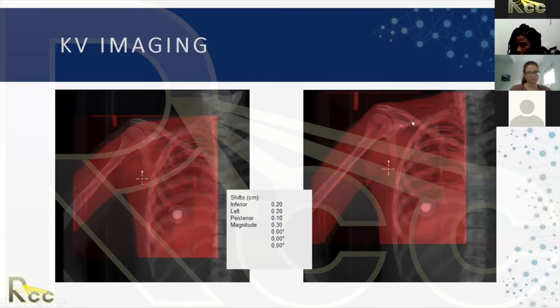So you want to make these shifts, get the arm in the right position, and make sure that we're treating the tumor that we're concerned about and not over-treating or under-treating that area, or over-treating a normal structure. So KVs are pretty straightforward, again, used mainly for bony anatomy.